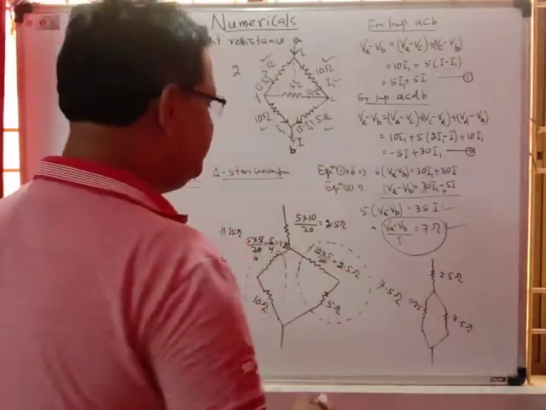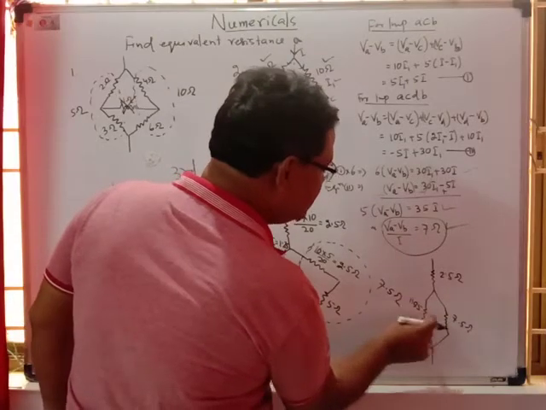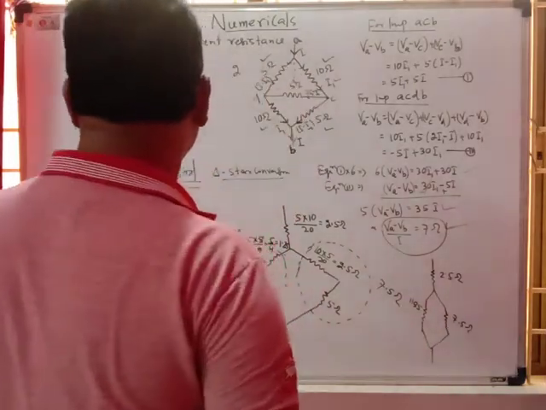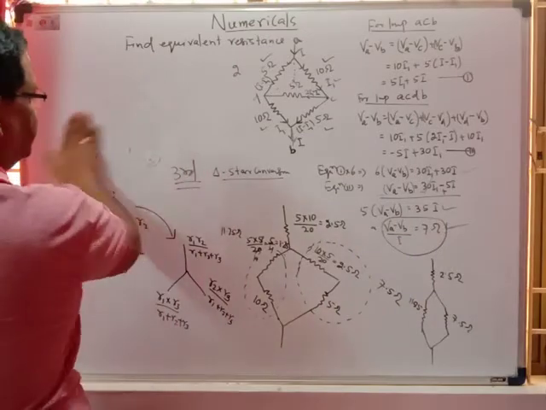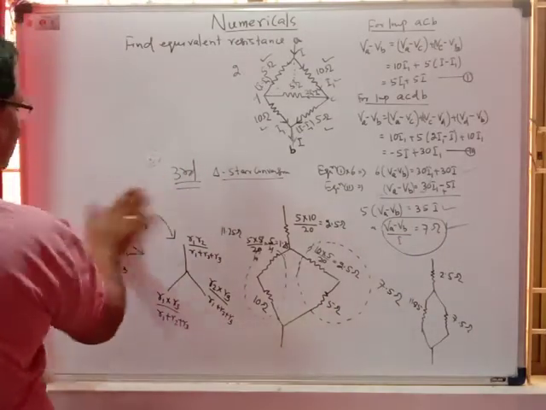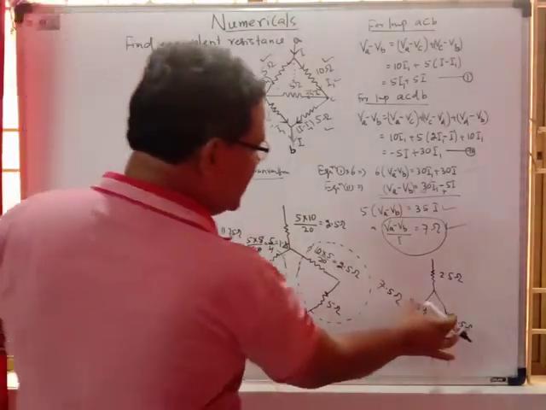So what will be the equivalent? Both the 7.5 and 11.25 are in parallel. So from the parallel grouping, what is the equivalent of these two?